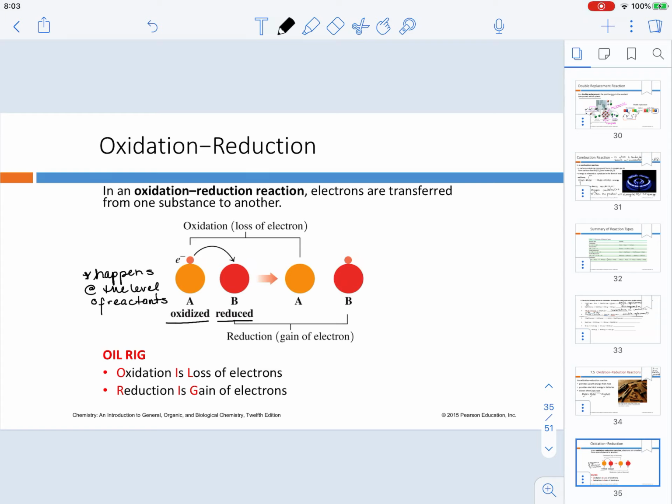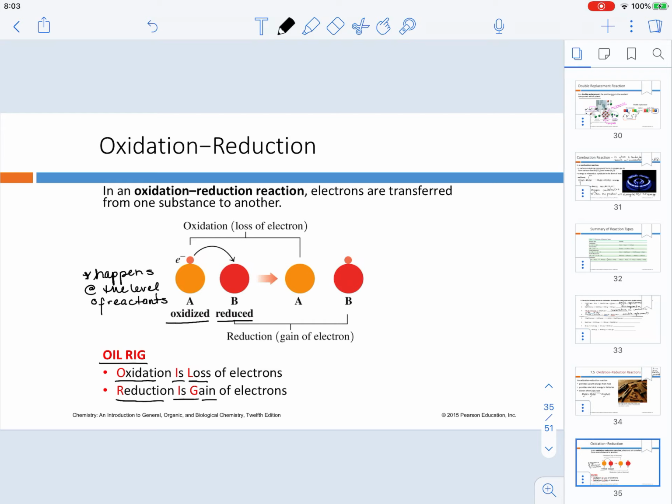There are some mnemonics utilized to remember what is oxidation and what is reduction, and I'm giving you one here at the bottom: OIL RIG. OIL is because oxidation is loss of electrons. RIG stands for reduction is gain of electrons.